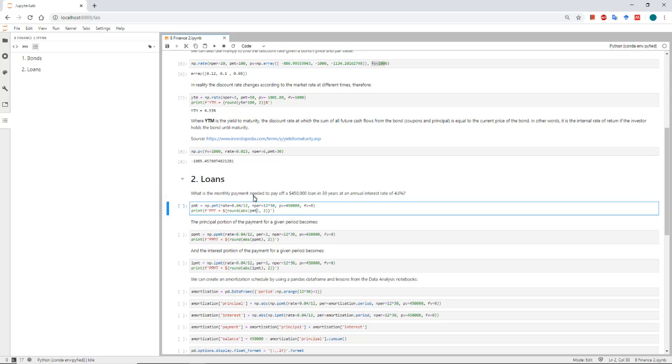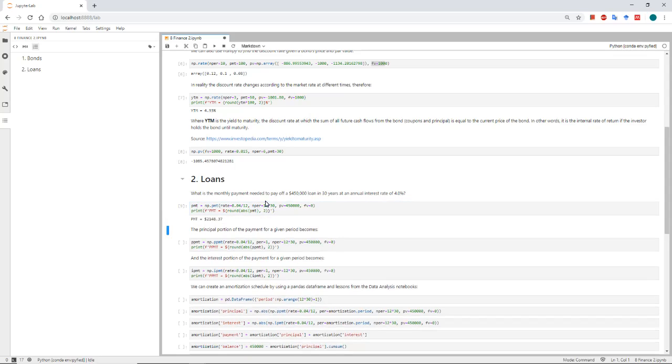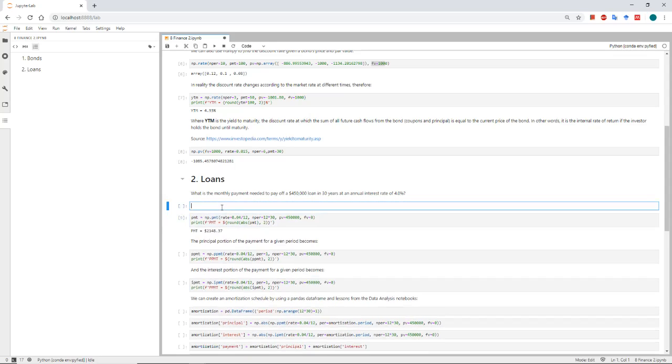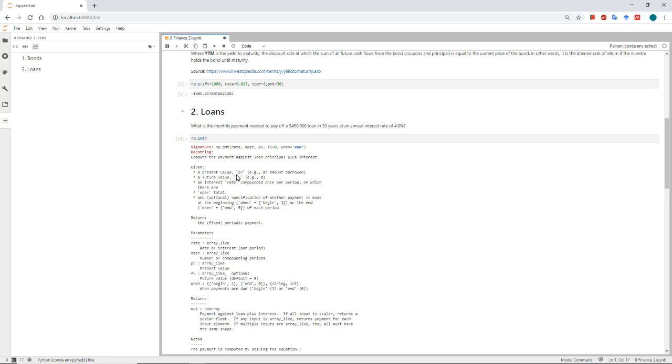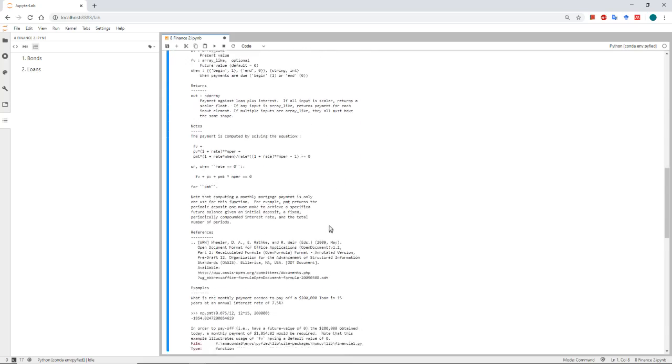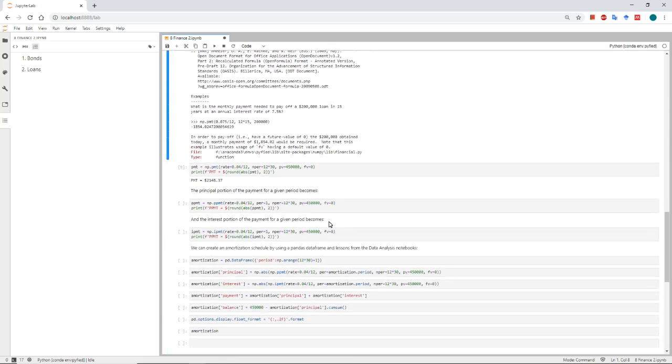We can figure out the payment needed for this using NumPy's payment formula, to compute the payment against loan principal plus interest.